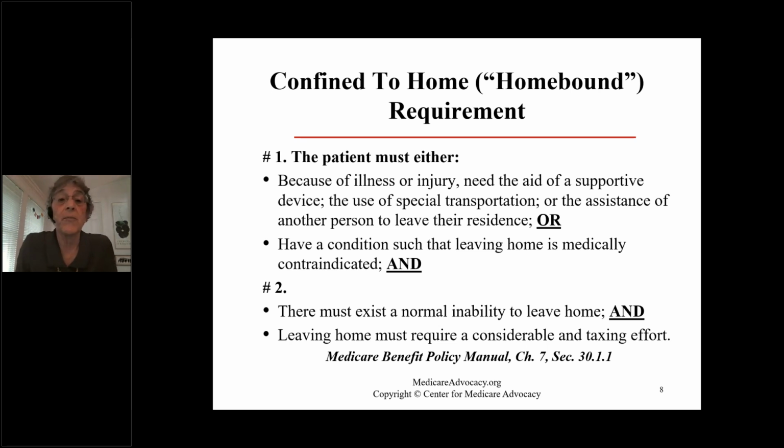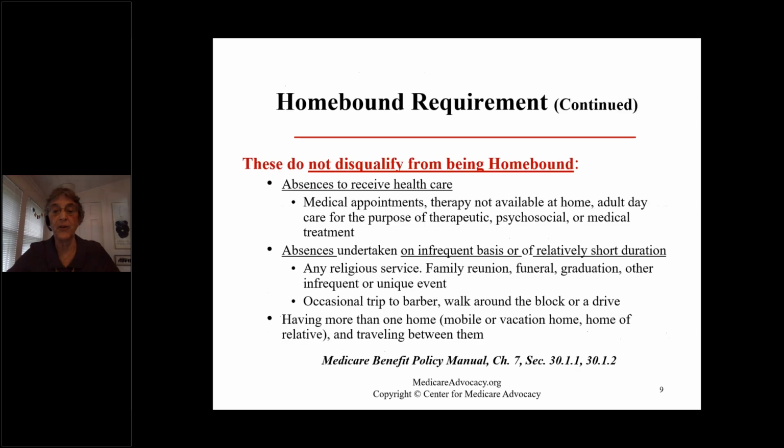The notion is that if the person can consistently get outside the home regularly in order to get medical care, then the program doesn't want to provide home health care, the care at home. But if the person meets these criteria, then the program, Medicare, will pay or should cover for care to come to the patient at his or her home. And you see the policy manual where this is cited from.